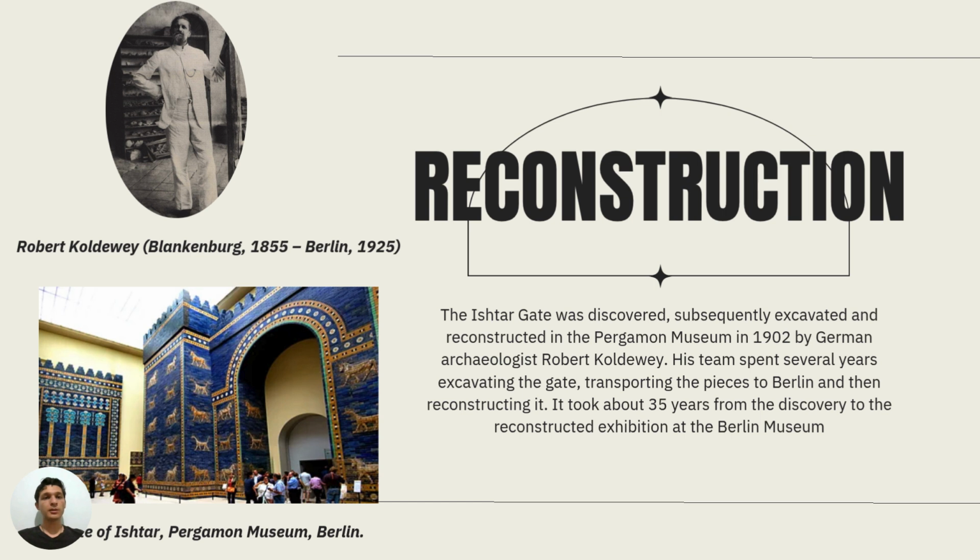Now, to conclude, it is fascinating due not only to its size, the materials used, and the way in which it was decorated, but also the significance that it had for the ancient Mesopotamians, the civilizations in between the Tigris and Euphrates rivers.